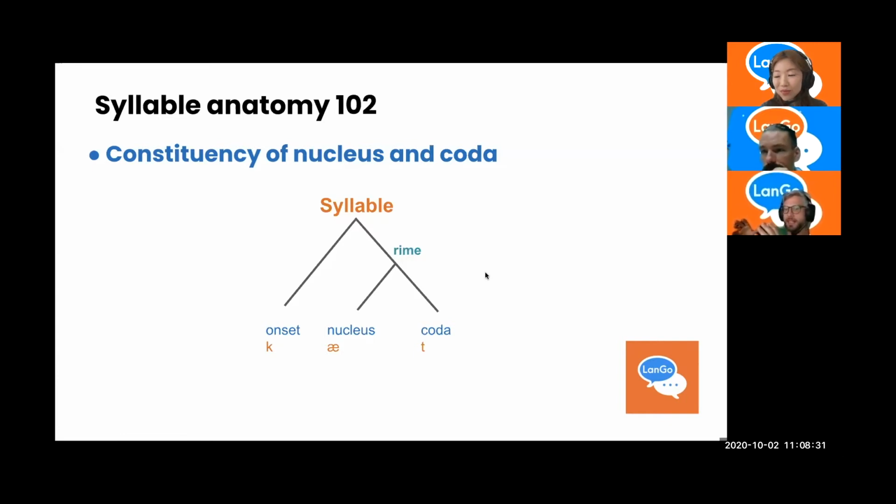I guess this is another example of evidence for the constituency of nucleus and coda, as they stick together in English. Right.